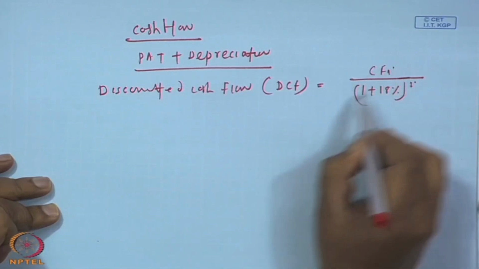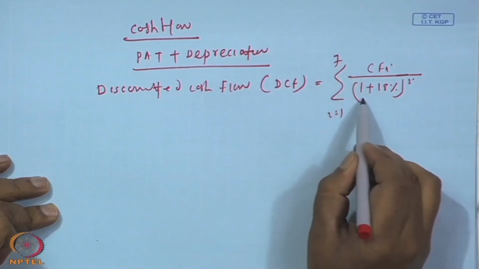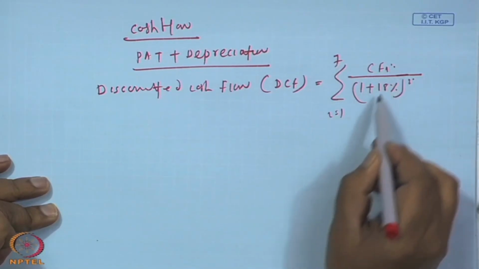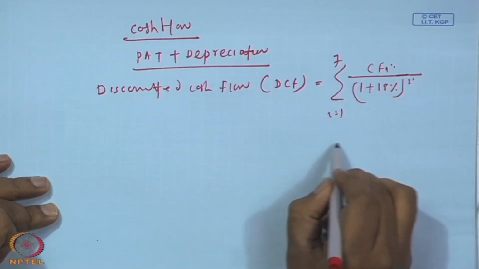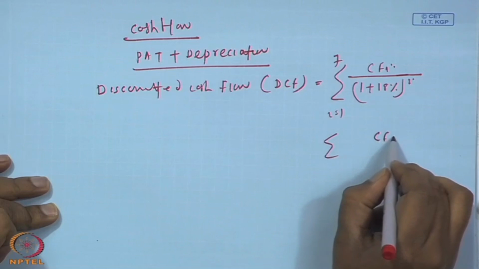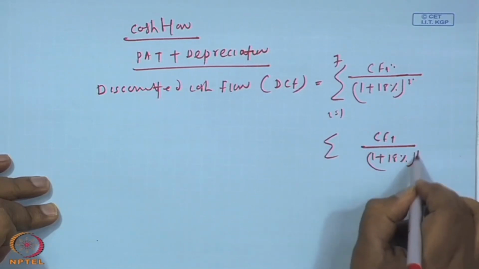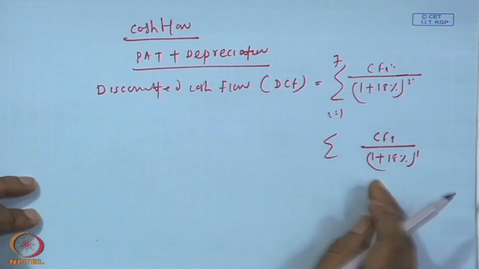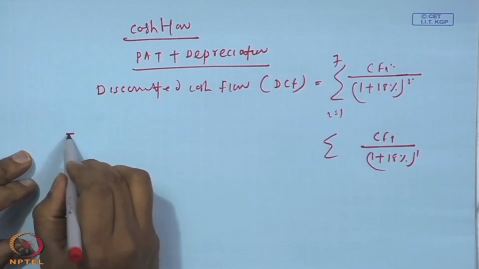For every year, 1 to 7 years, the first year's cash flow is divided by 1 plus 18% to the power 1. Like that, bring every year to the discounted cash flow. And what is the total cash flow?